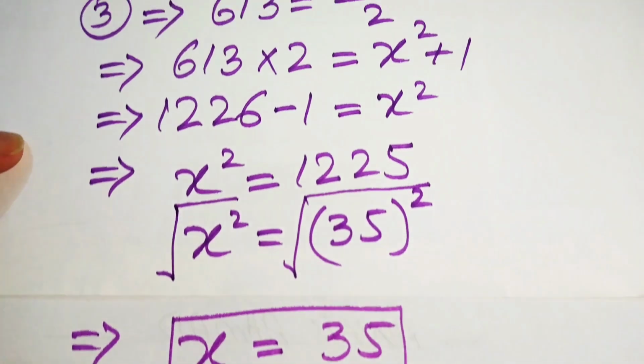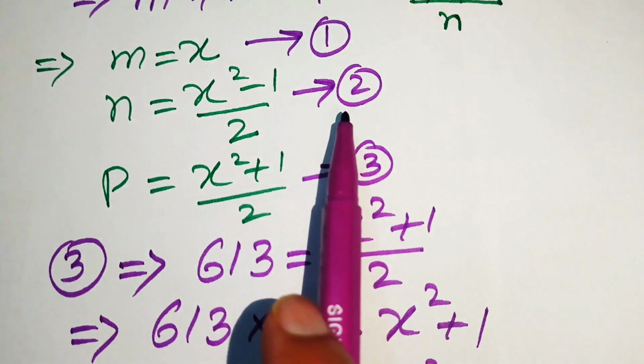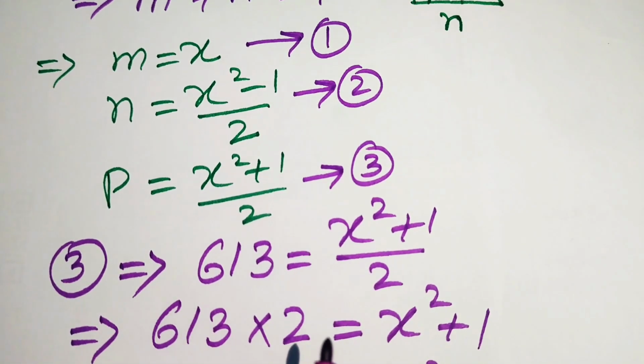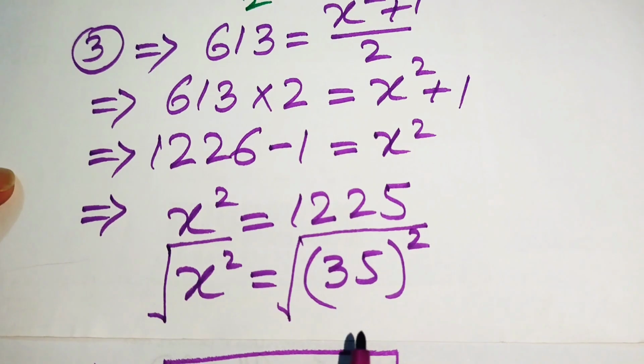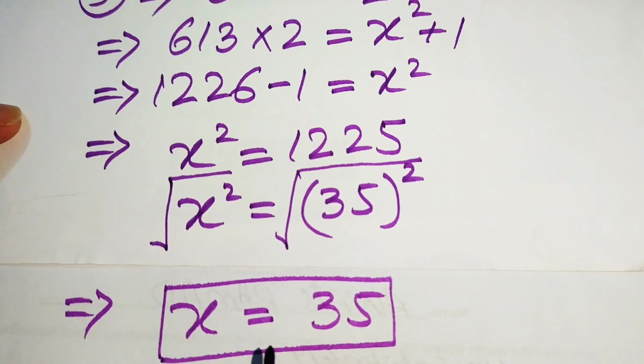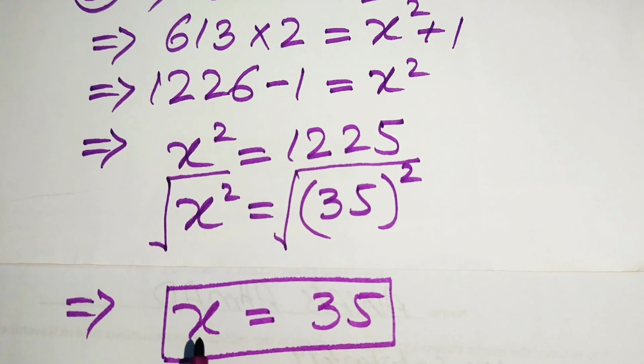Now we substitute this value of x in equation number 1 and equation number 2. We cannot choose the negative value of x, because when you take the square root on both sides you write a plus minus sign, but x is a side length of the right triangle, so it cannot be negative. So we choose the positive value.